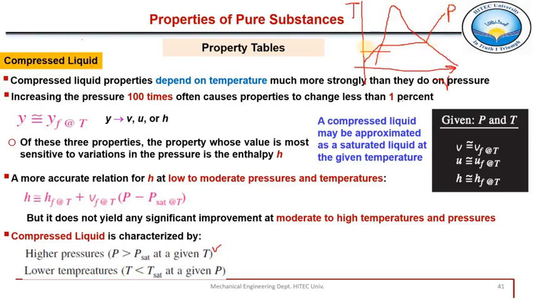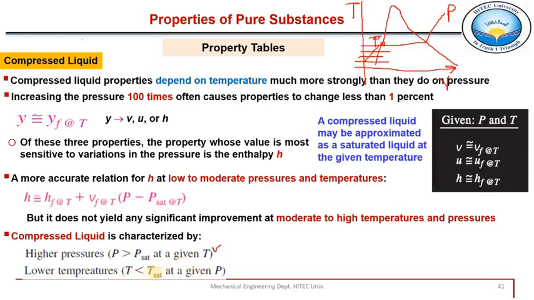In the subcooled liquid region, for this given P, this is Tsat. All these temperature lines which are intersecting this pressure line in the subcooled region, all these temperatures are lower than this Tsat, and they are in the subcooled or compressed liquid region. So that is the second.